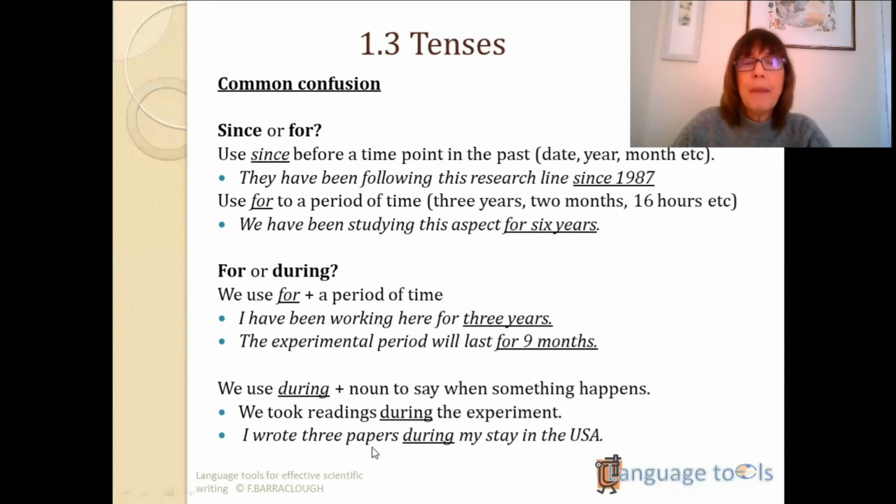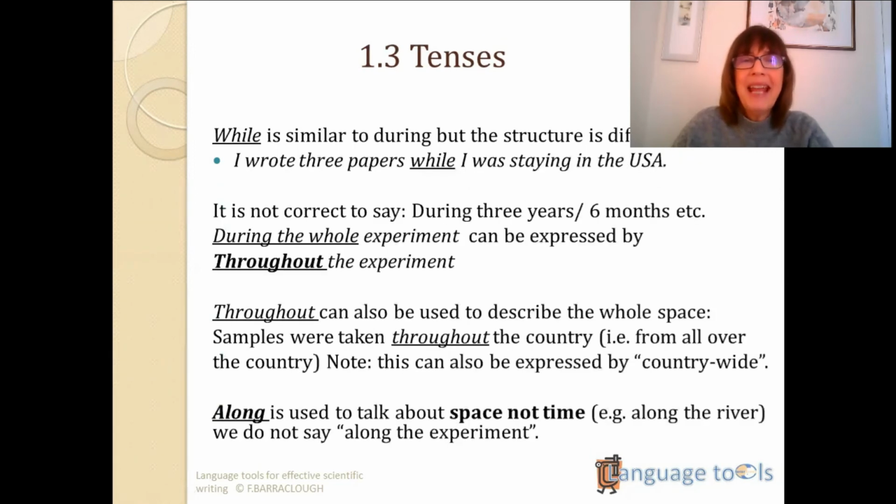And "I wrote 3 papers during my stay in the USA." So just highlighting these points that sometimes cause confusion. You have all of this information in your handouts that you can refer to. Then while. While is similar to during, but the structure is different.